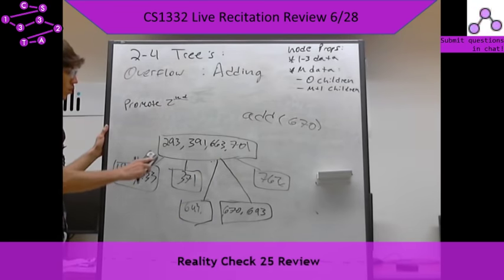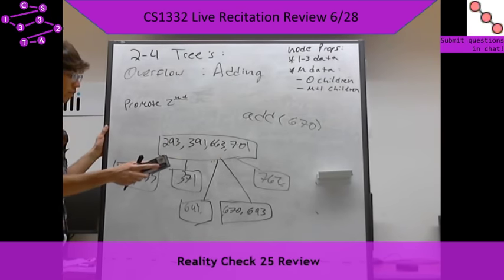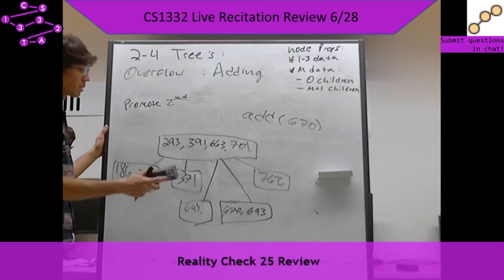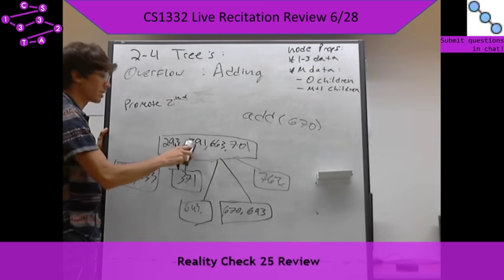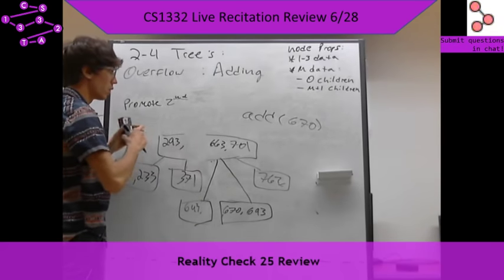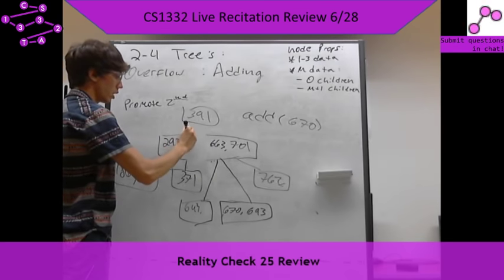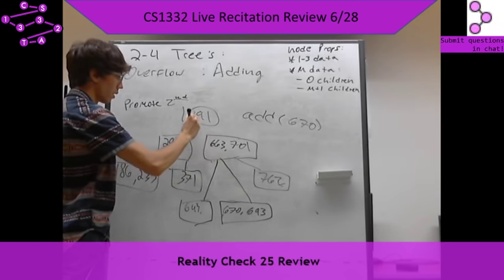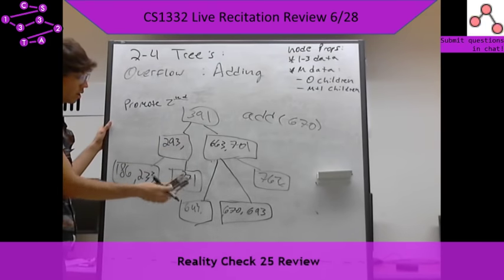So now we have 4 data elements, which is more than our nodes are allowed to have, and we must promote again. So we're again going to pick, and it's important to be consistent, promote the second element. 391 will go up into its own new node. Yay! And we'll make the references as such, kind of like right along the split, right?